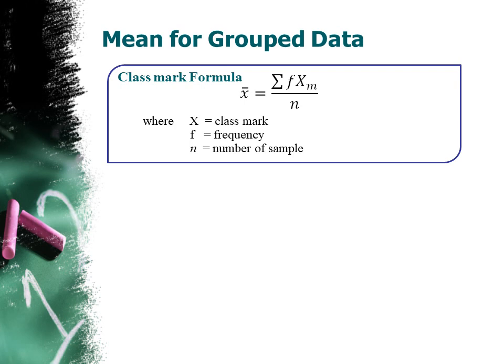So for the class mark formula, this is expressed as x bar, our mean, is equal to the summation of f times x sub m over n. Or that is the summation of, kunin mo lahat ng product ng frequency at saka class mark per class interval. The sum of that will be divided by n, the number of sample, which is makikita sa total ng frequency mo. So f there is the frequency, x sub m is the class mark, n is the number of sample.